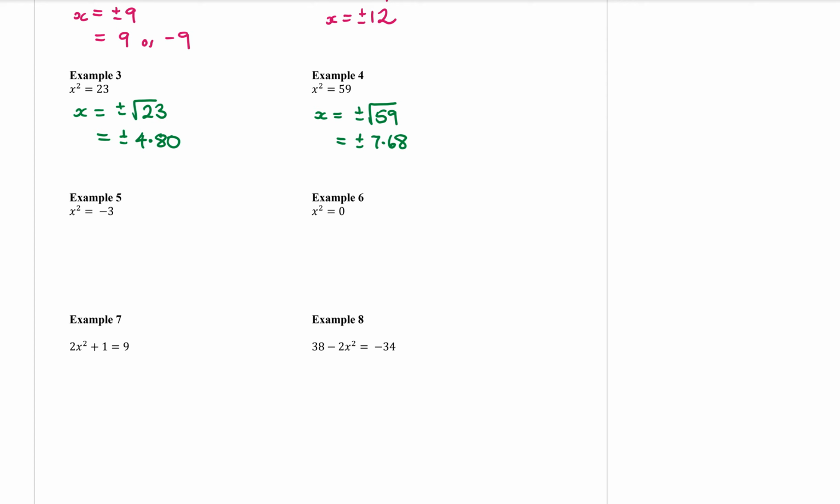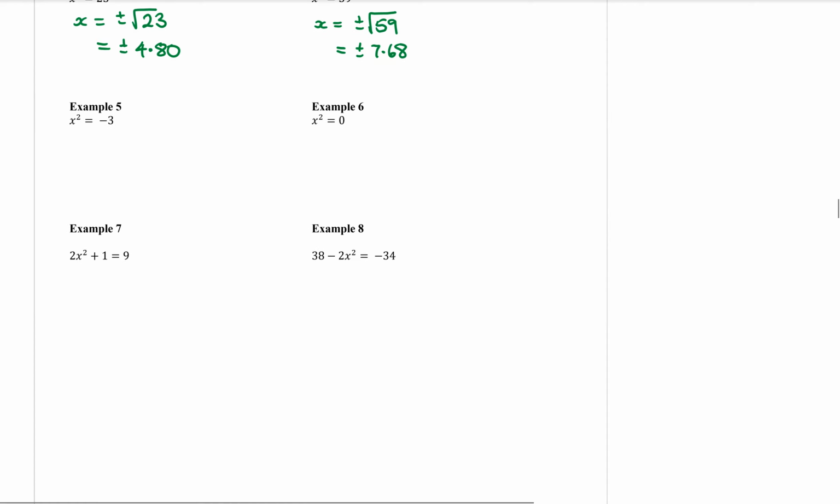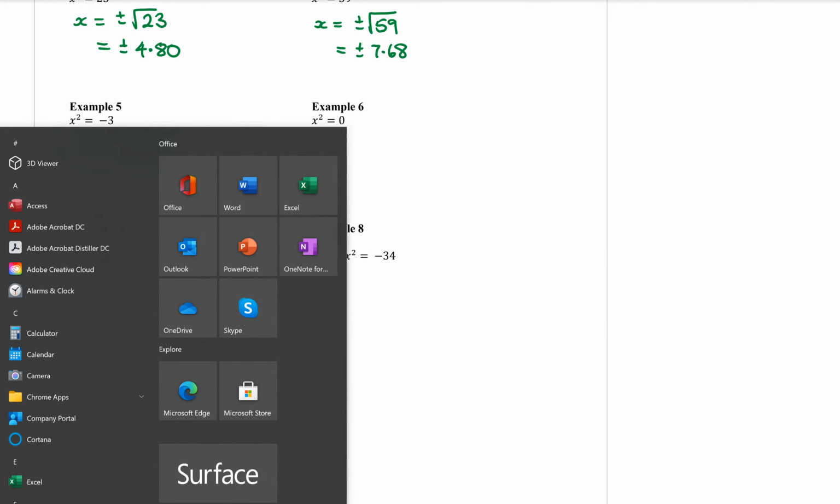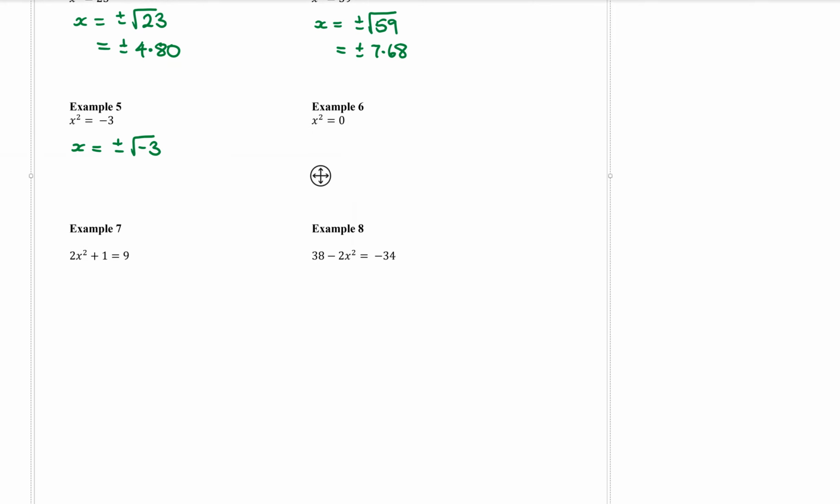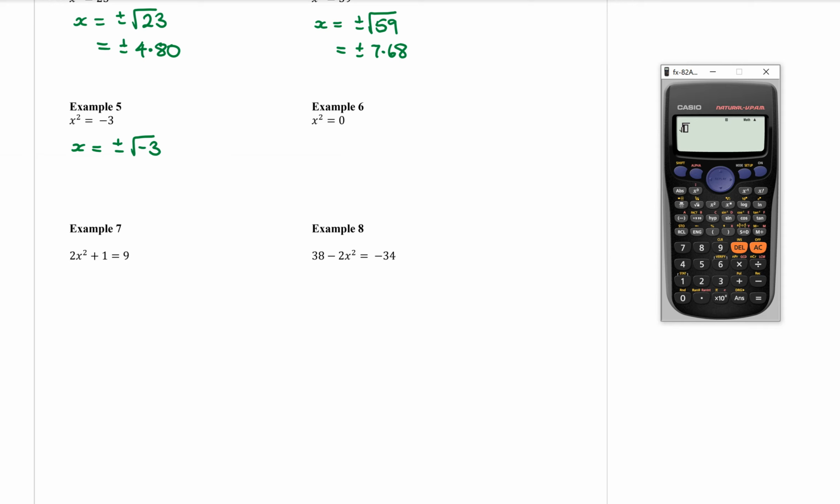Example 5. If I want to get rid of the squared, I must square root the number on the other side, the square root of negative 3. Now, when you try to type that in your calculator, you're going to get a math error message because you cannot actually square root a negative number.